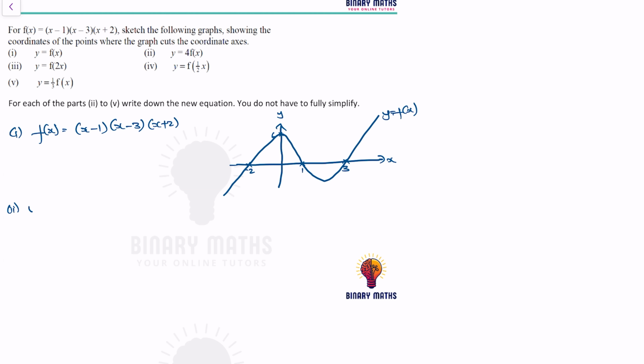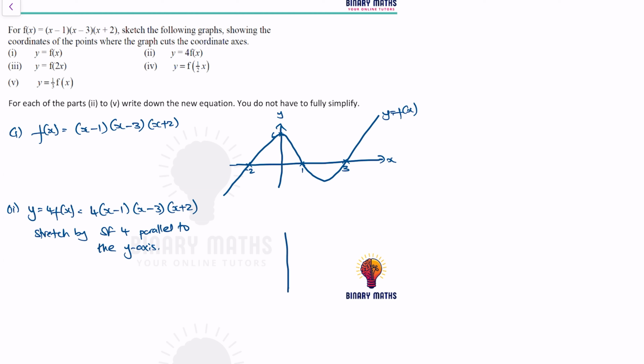Second one is y is equal to 4 times f of x, which is 4 times x minus 1 times x minus 3 times x plus 2. So this is a stretch by scale factor 4 parallel to the y-axis, which means all the x-intercepts will still be the same.